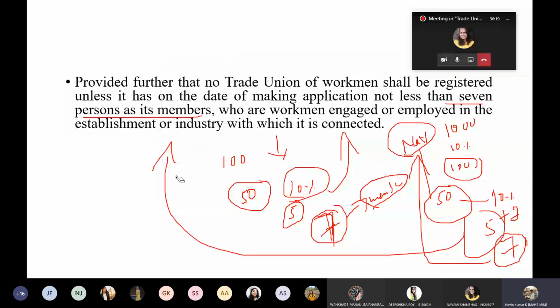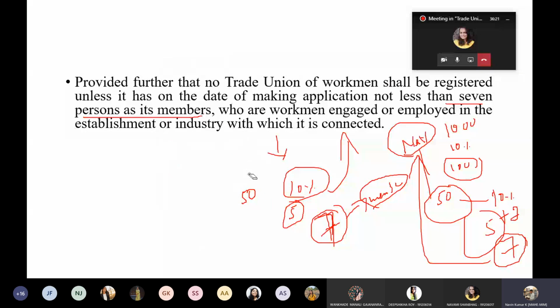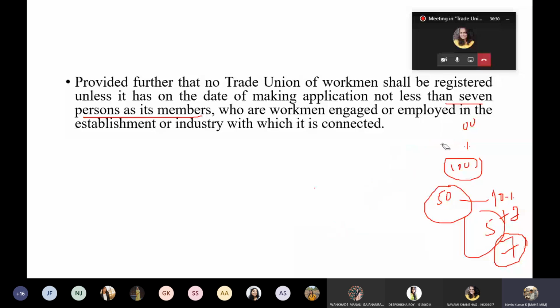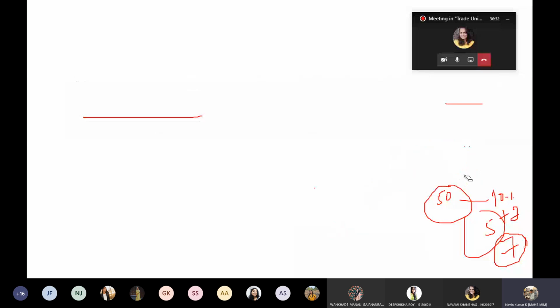Once again, I'll explain it, if you are really mentally present in this class. What is the first condition? Anybody would like to tell me the first condition? Sir, the members should subscribe to the rules of the trade union. Who is this, madam? Sir, this is Sanchita.